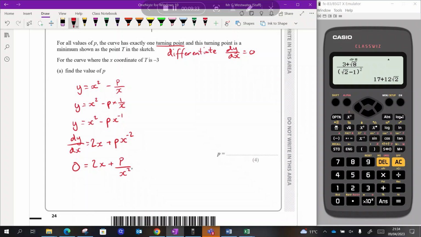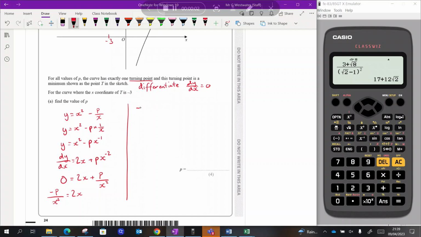So let's take away p over x squared from both sides. We have minus p over x squared equals 2x. Okay, so minus p equals 2x cubed, and if x is minus 3 at this particular point, then minus p will equal 2 times minus 3 cubed.